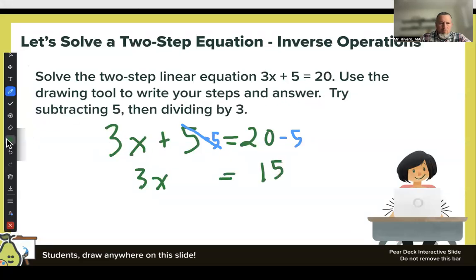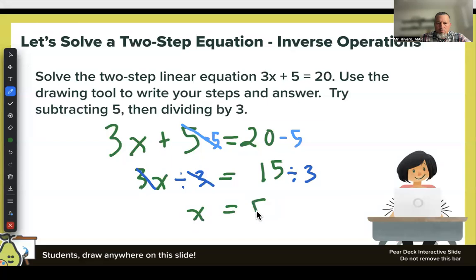Then try dividing by 3. You get x equals 5.